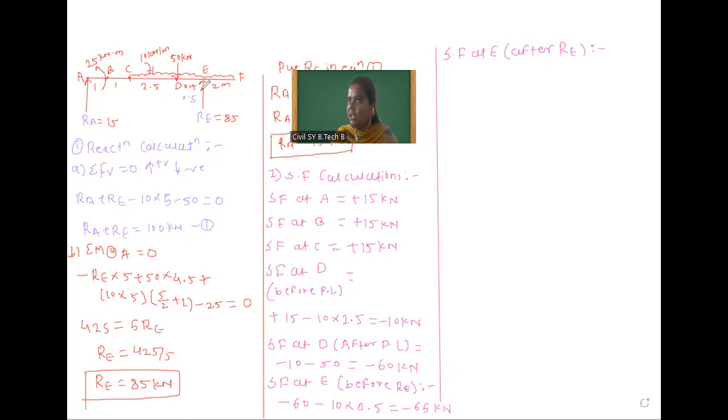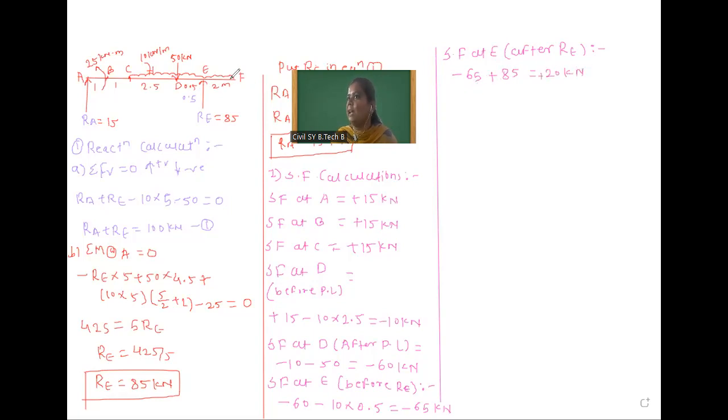So up to this E point, shear force is minus 65 and at E point upward force is there. So plus 85, which is equal to plus 20 kilonewton.